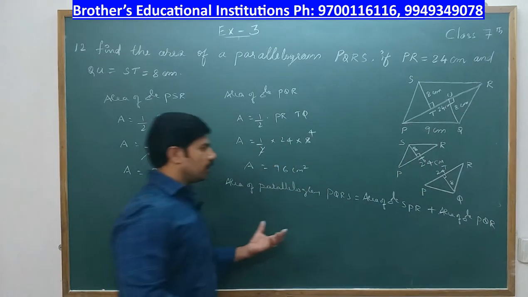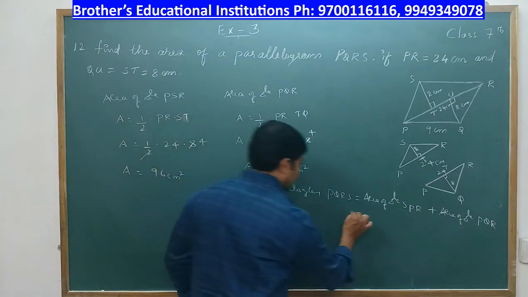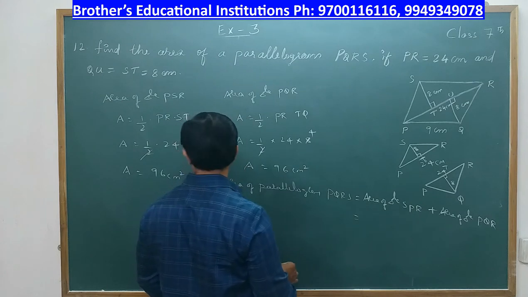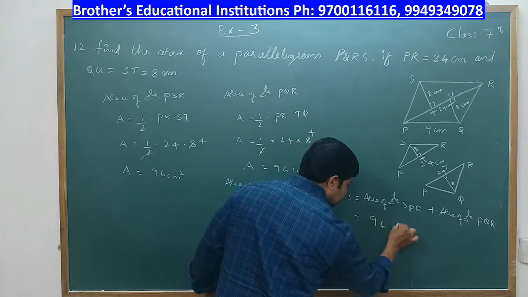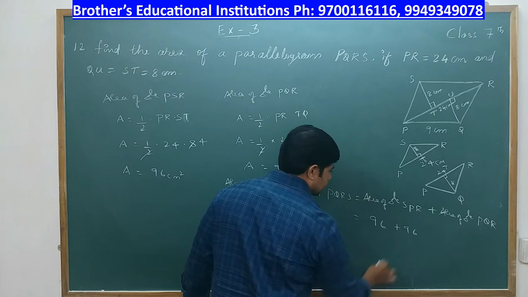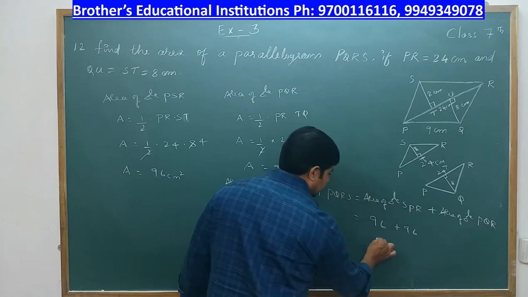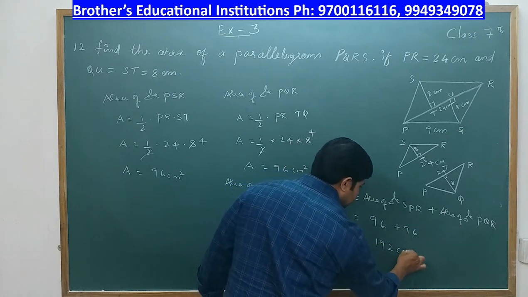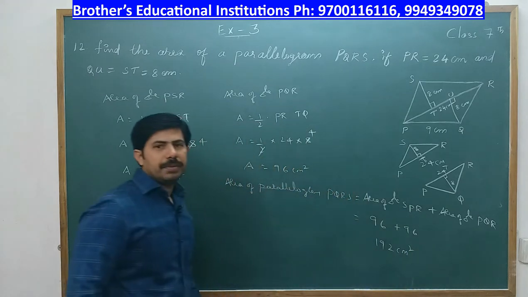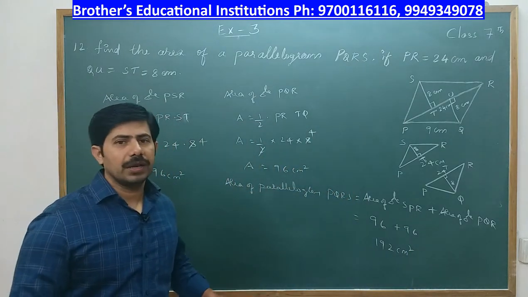So we just have to add the area of both the triangles. So the area of parallelogram PQRS is 96 plus 96. 6 plus 6 is 12, and it is 192 centimeters square, the area of the parallelogram.